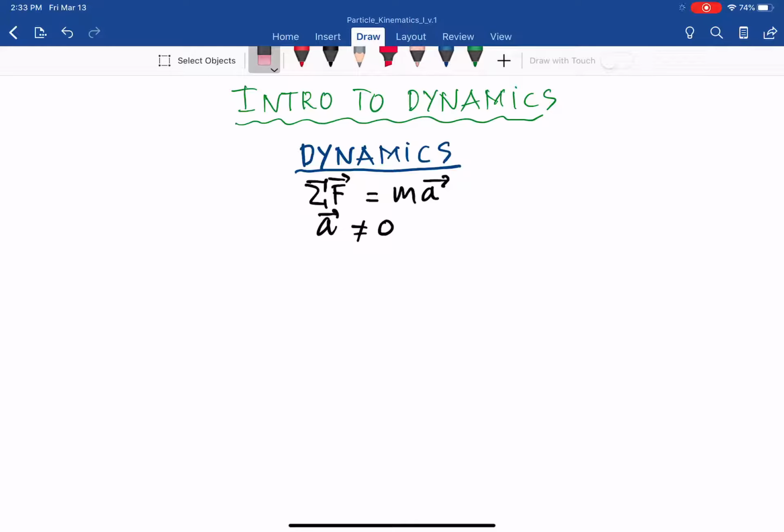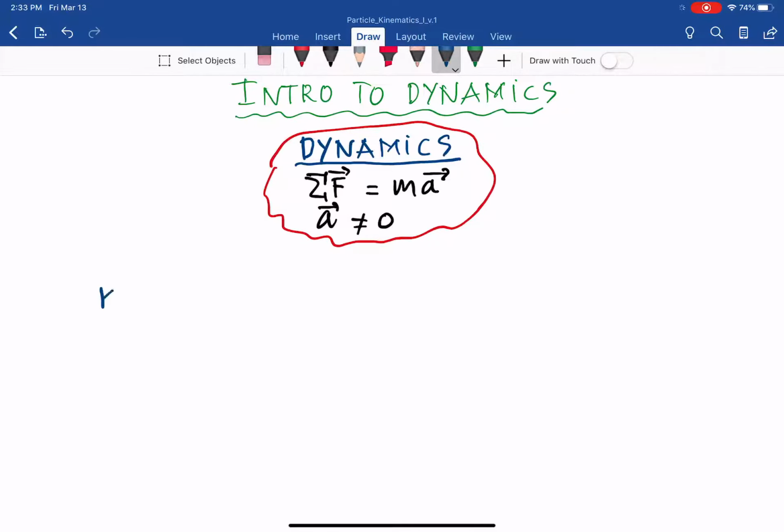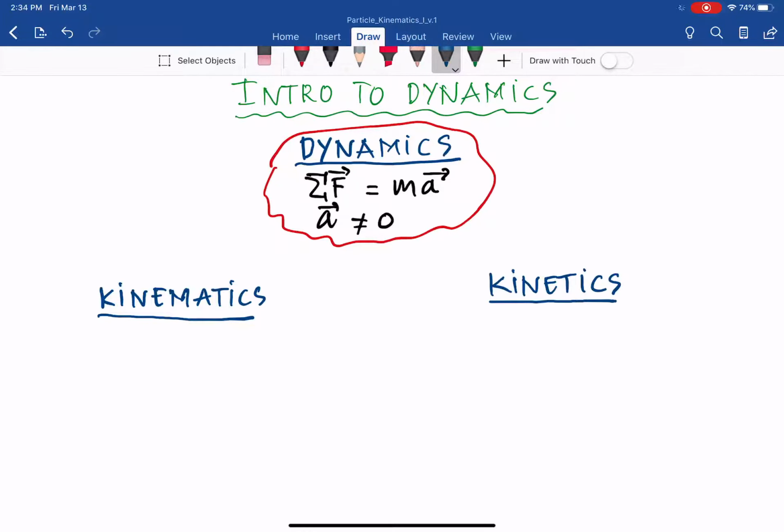Now let's talk about dynamics. In dynamics, we have two major topics to be covered in this class. The first one is kinematics, and then the other one is kinetics. So what is the difference between these two?